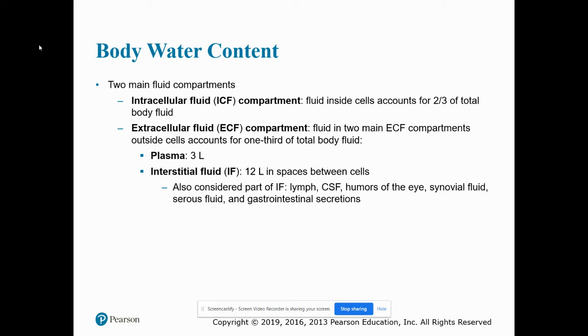There's about 3 liters of plasma, and then interstitial fluid, and there's about 12 liters of interstitial fluid. And this is going to be the fluid found between cells and the spaces between cells. Also, a number of other things are considered interstitial fluid, like lymph, cerebral spinal fluid, the humors of the eye, synovial fluid, serous fluid, and gastrointestinal secretions.